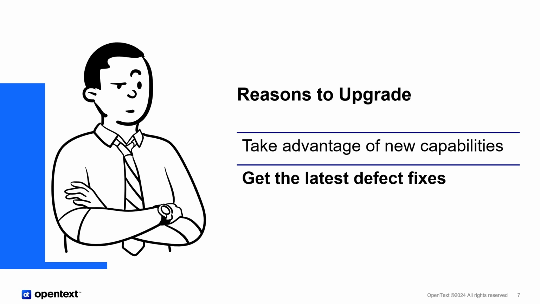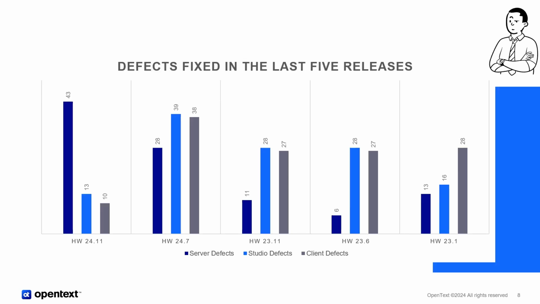Being able to take advantage of the new capabilities is one advantage of being on the latest version. Having the latest defect fixes is another. We are committed to providing you with high-quality software, but completely defect-free software is not a reality, especially when you consider the varied environments in which it runs.